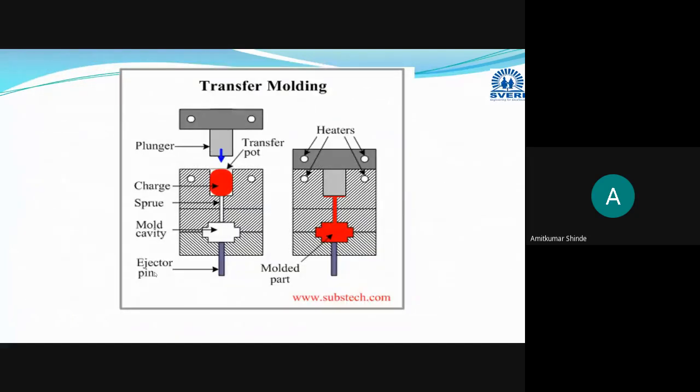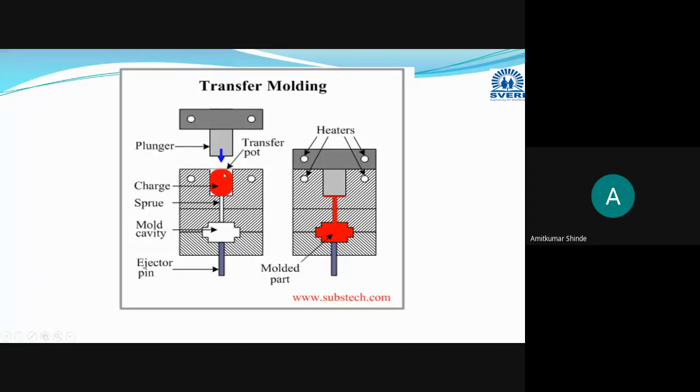This is the basic diagram for understanding the transfer molding concept. The center part is the mold cavity. Similar to compression molding, a plunger or punch will be there, and a separate chamber is provided.